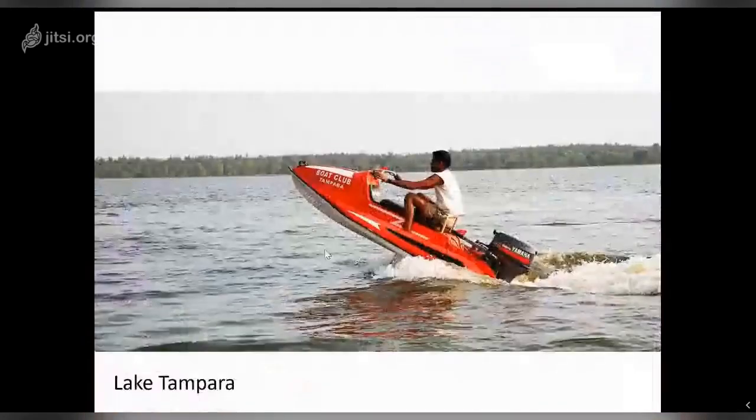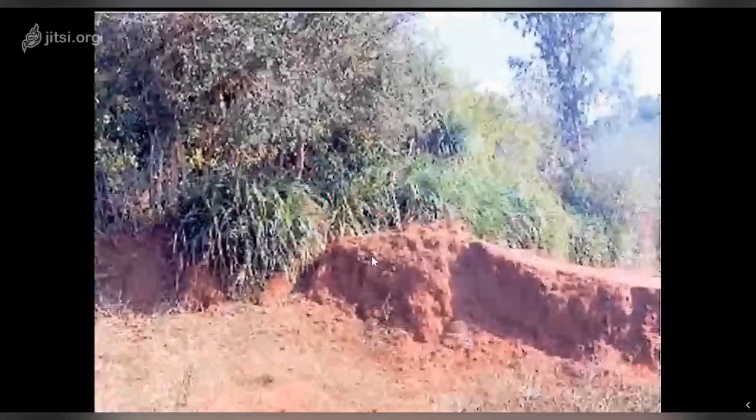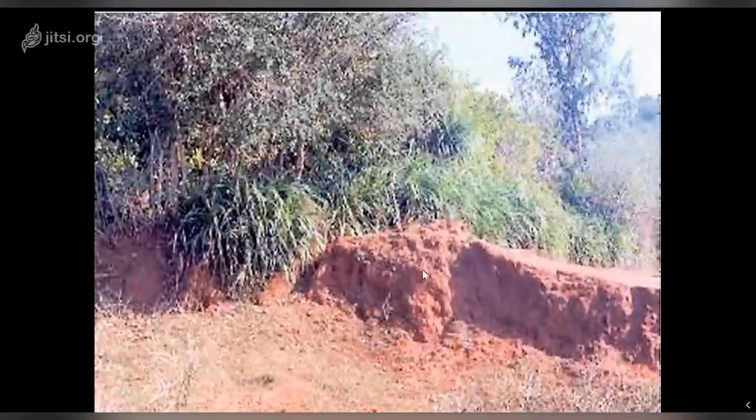Now, this Tampara Lake is where water sports, boating normally is done. It's also a center for tourist attraction, and people do spend some time boating here because the water is very clean, and there is no current, still water. Near Lake Tampara, you have the red sediments. This red sediment was located somewhere near Satpada in the Chilka Lake.